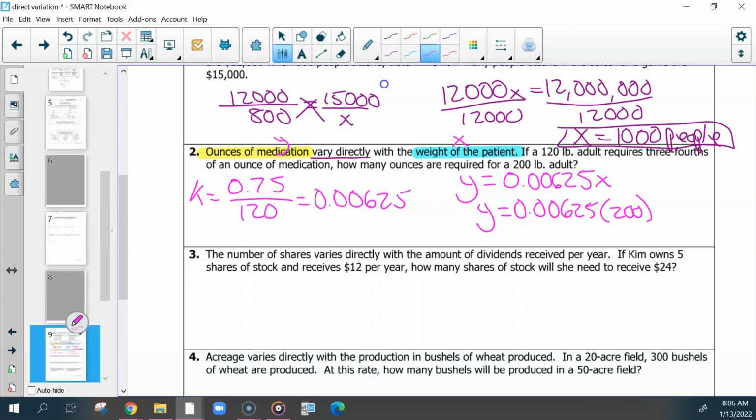So we can put that in for x and multiply. Someone do that in your calculator. 1.25, and 1.25 what? Ounces.